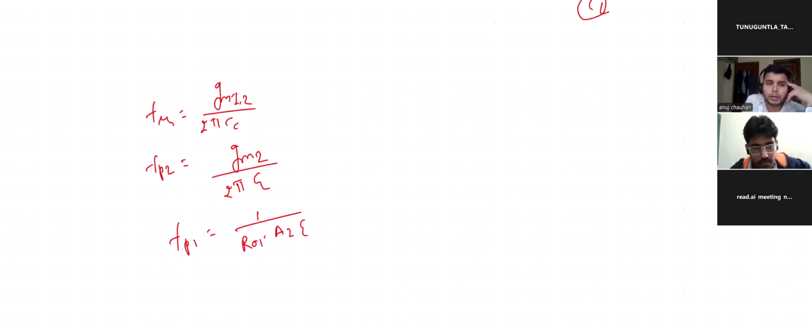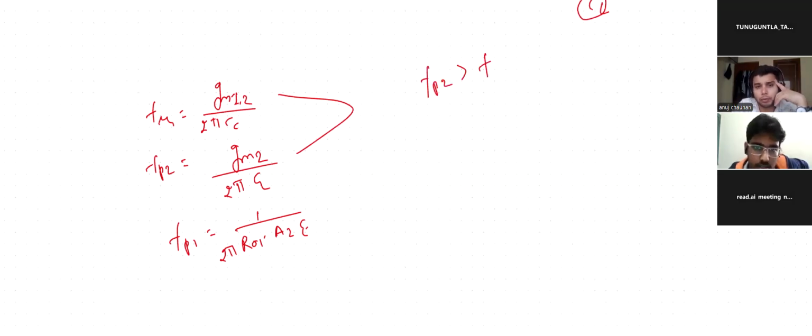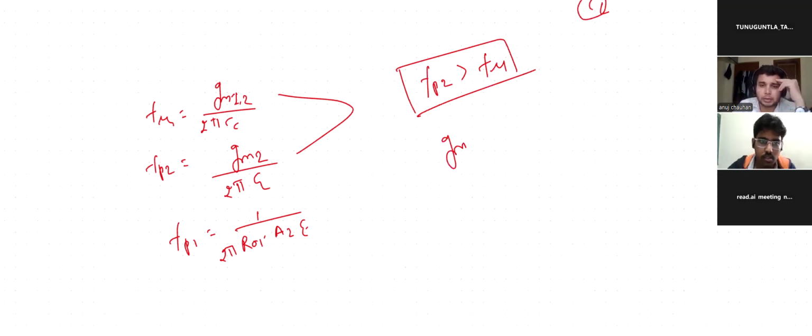So when it comes to these two poles, we ideally want pole 2 to be higher than the UGB, so that we have a good phase margin. From here we can compare GM2, the GM of the second stage, in relation to the GM of the first stage.